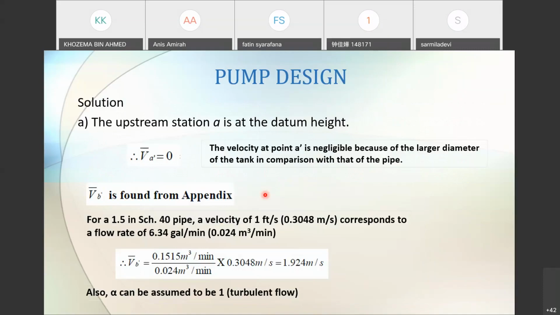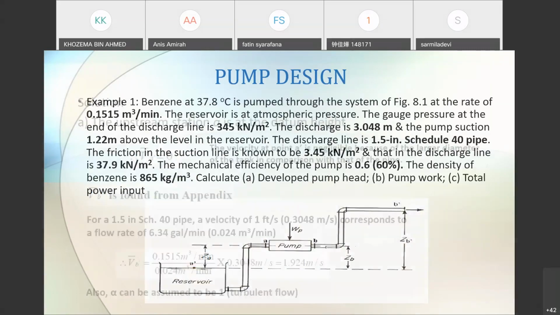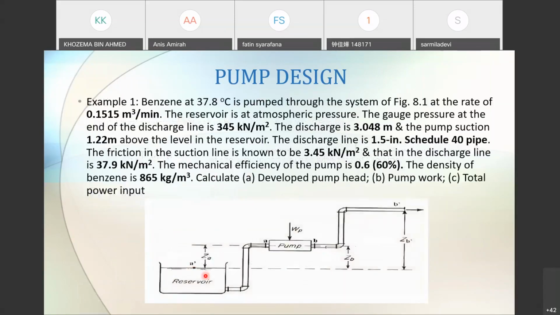The first thing you want to solve is the upstream station A at the datum height. At this point, the velocity can be assumed as 0. VA prime is assumed as 0 because of the larger diameter of the tank in comparison with the pipe. You must understand that we are using the Bernoulli equation between this point and this point.